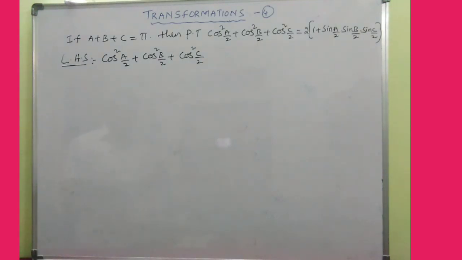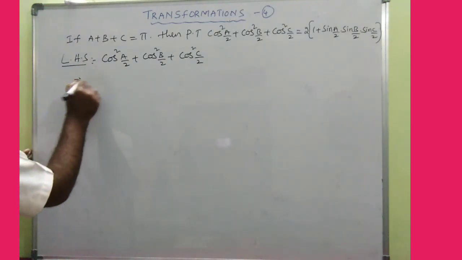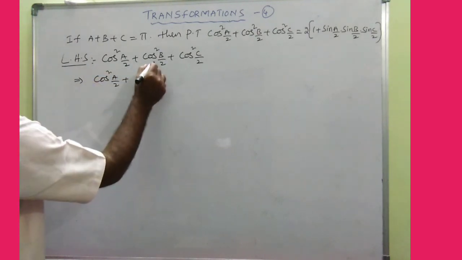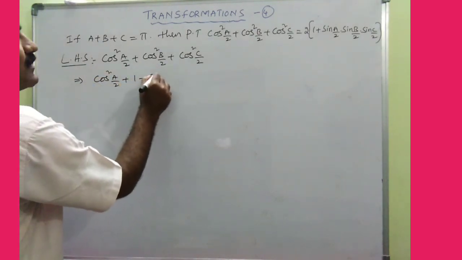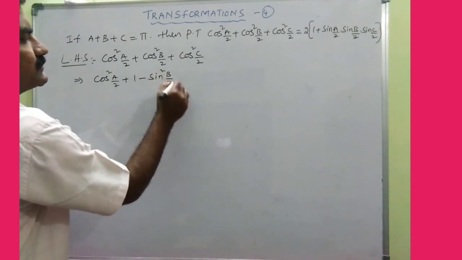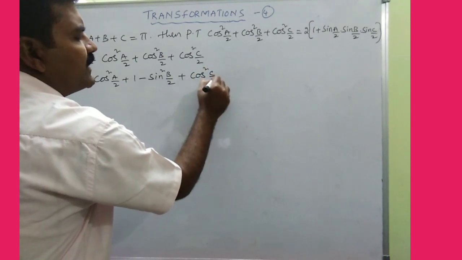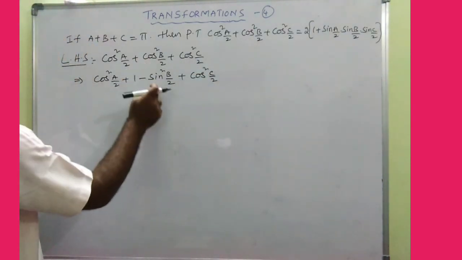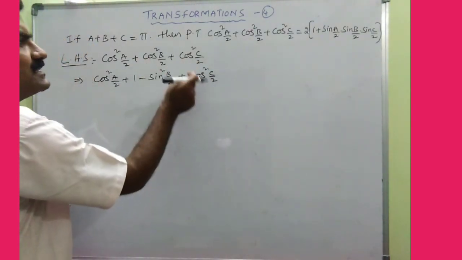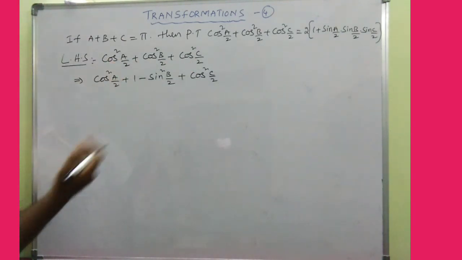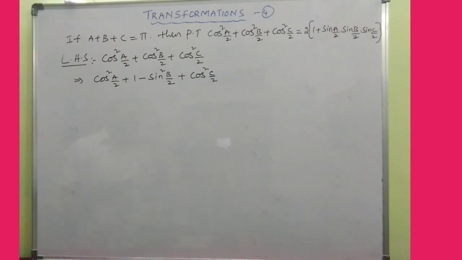Now among this, I want to write especially this one, can I write it like this? 1 minus sin square B by 2, and this is once again as it is. Any one you can change, not only cos square B by 2, if you want you can also change cos square C by 2, even cos square A by 2. Any one of the cos square you can write as 1 minus sin square.